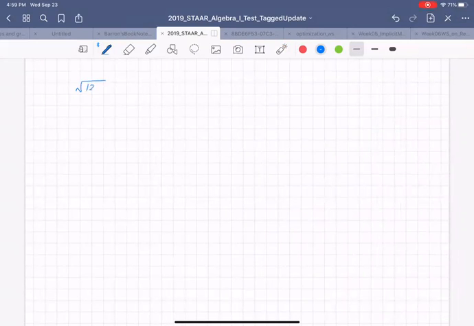Square root of 125. Look at this. This can be simplified to what?